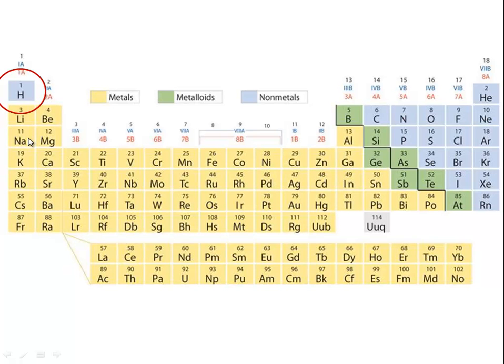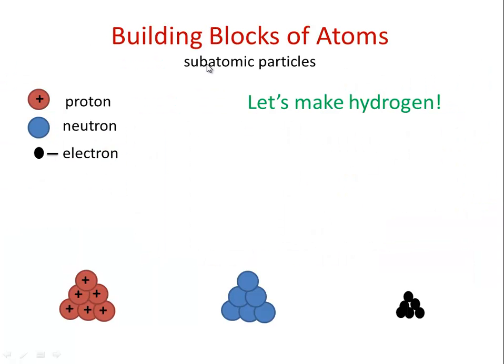Well, hopefully from middle school science you remember that whole number is the atomic number. Formally that's known as the atomic number, and that tells you the number of protons contained in the nucleus of an atom of hydrogen. So atomic number is equivalent to the number of protons.